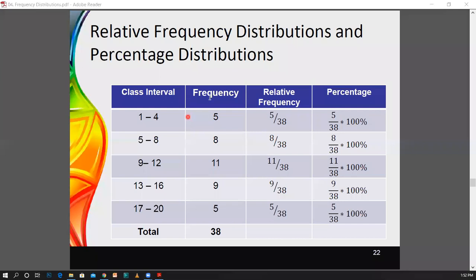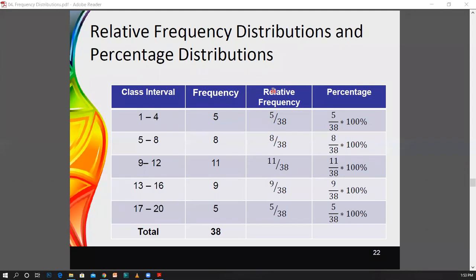Now you can see that the total of these frequencies is equal to 38. Therefore, once you divide the frequency of a given class by the total value, then you can easily obtain the relative frequency. If you consider the first class, then relative frequency is equal to 5 divided by 38.